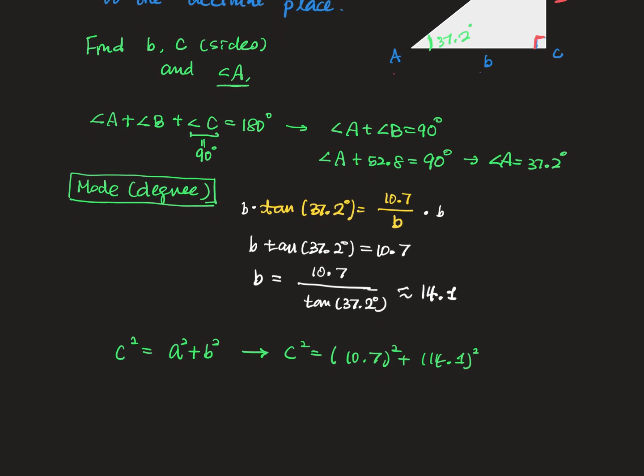Guys, make sure to take the square root. This one is gonna be 313.3. c is gonna be the square root, only taking the positive because it's a length. The square root of 313.3 approximates 17.7. That's how to solve a right triangle.